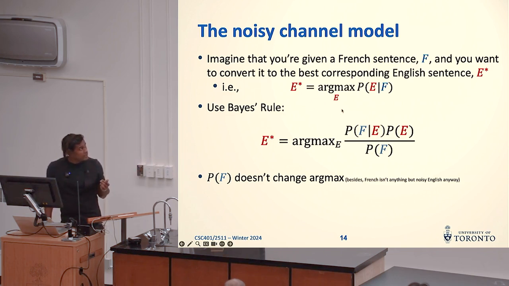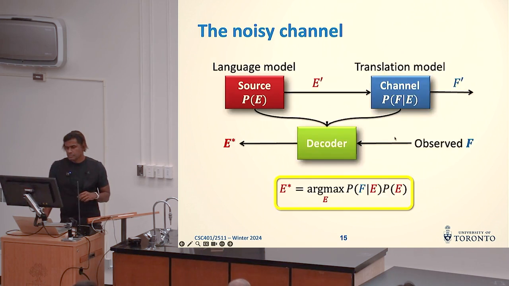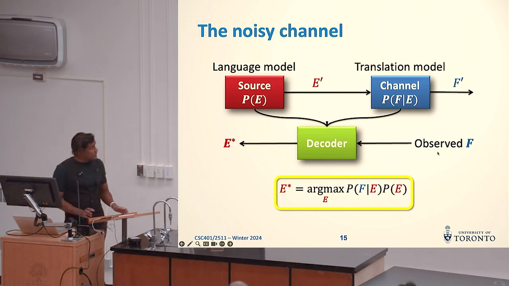We can reformalize this argmax of probability of E given F into probability of F given E times probability of E over probability of F. The denominator probability of F doesn't change the argmax, so we'll drop it in subsequent slides, okay? So we formalize this as E star equals argmax of probability of F given E times probability of E.